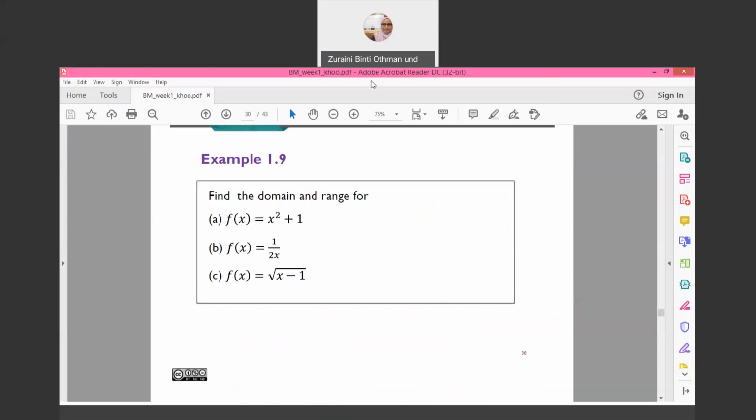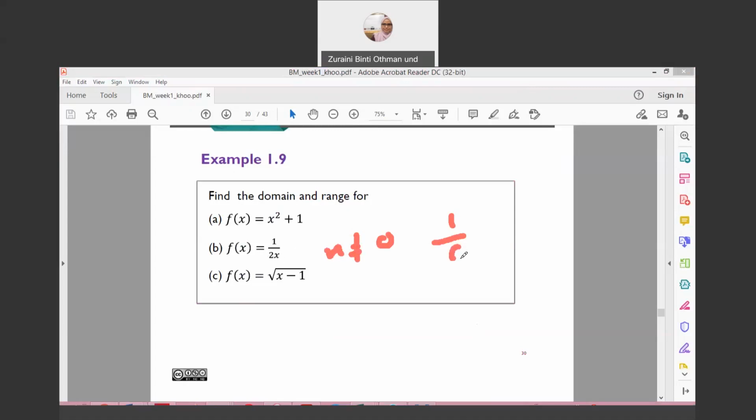Then B, kat sini ialah, domain dia ialah, kita tak boleh masukkan nilai, okay, for example here, we can put any number except x is equal to 0. When x is equal to 0, 1 over 0 will become undefined. Kita tak boleh plotkan yang ni.